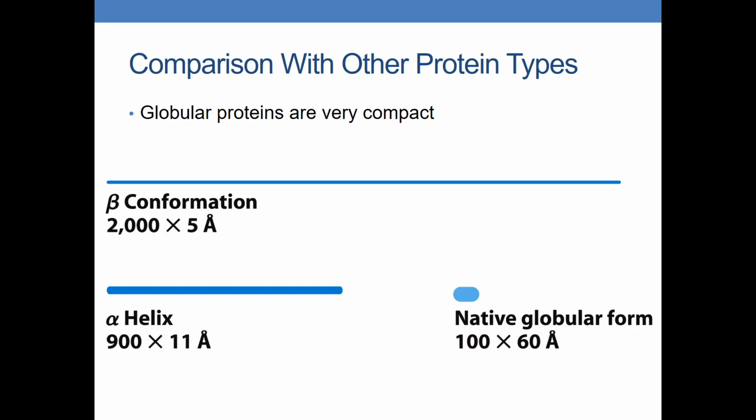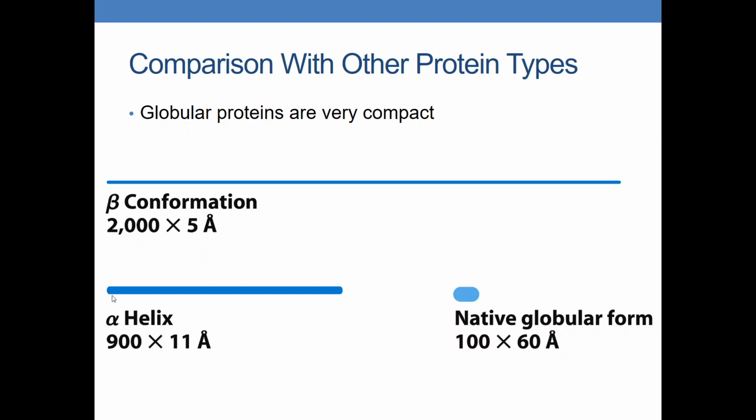So when we look at its dimensions, for the same number of amino acids in all three cases, the beta conformation would be about 2,000 angstroms long and 5 angstroms tall. So basically very long and skinny.